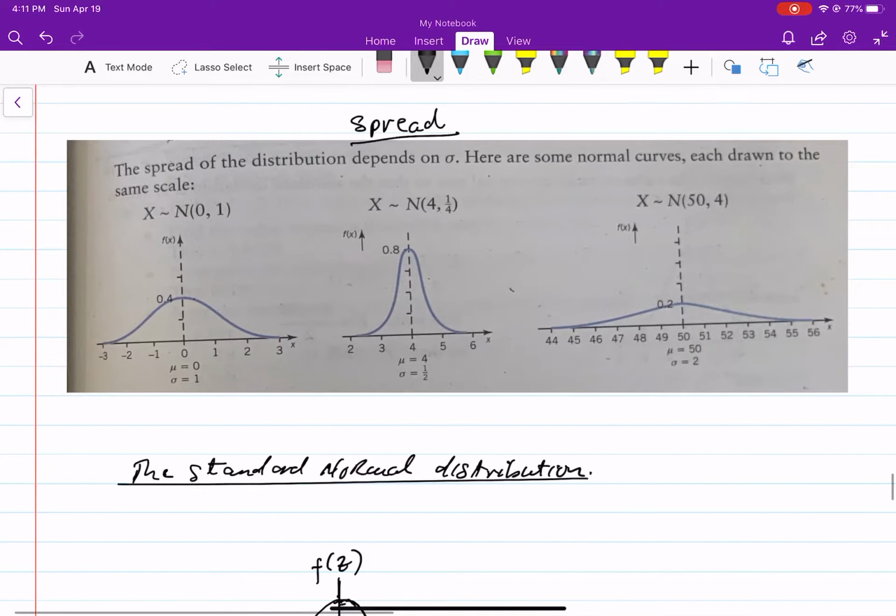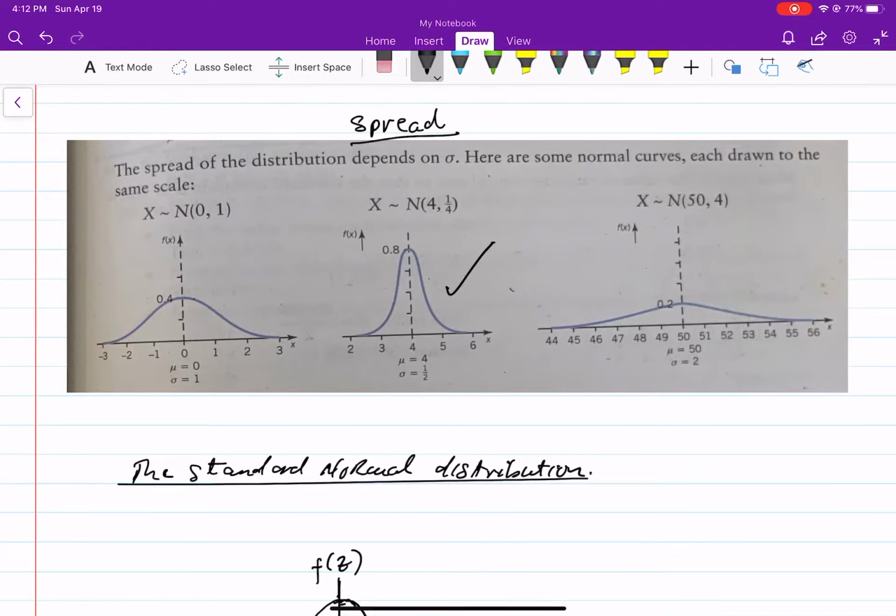Let's talk about the spread of a normal distribution curve. I have 3 diagrams here showing the normal distribution curve, but even though it's bell-shaped, some of the curves are taller, some are shorter, but you would notice the ones that are taller are also narrower, like the one in the middle, this one right here. It's tall, but it's narrow. That means it has a small variance. Remember, variance measures spread.